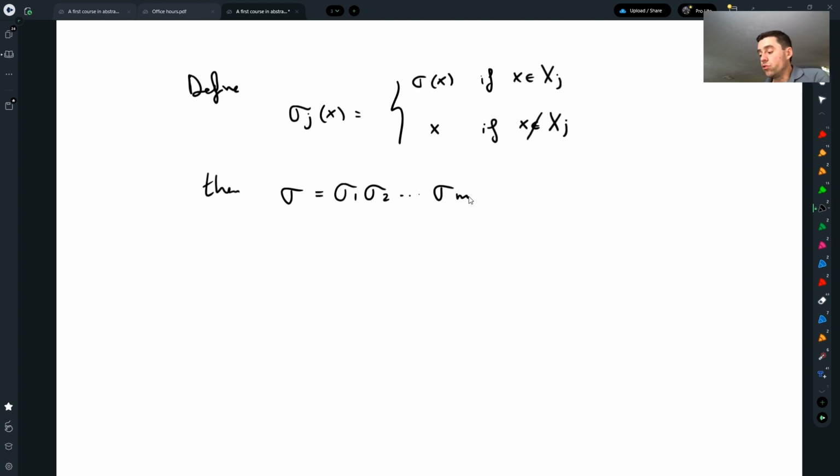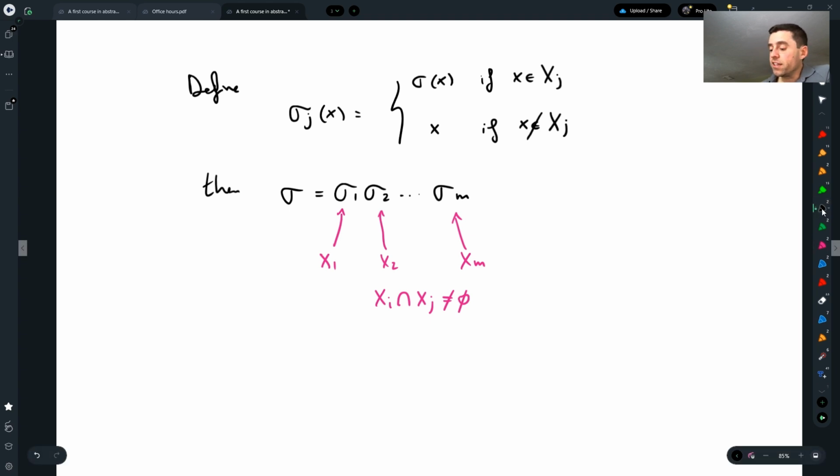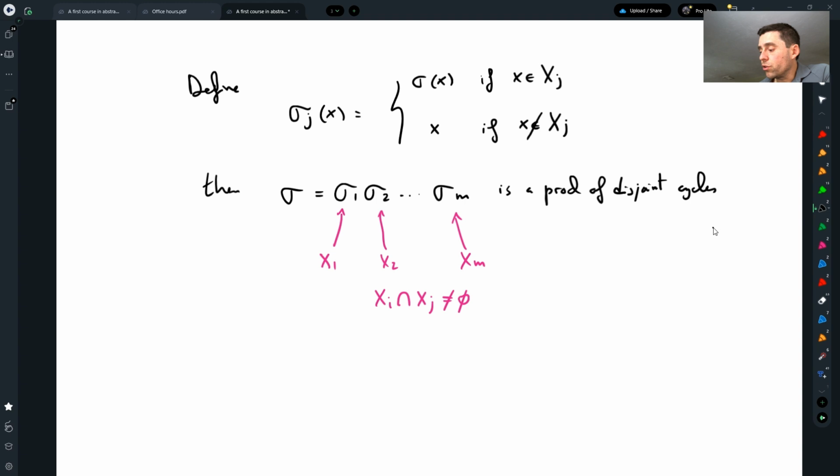And because the numbers that are involved in here are the x1s, the x2s, and the xm's, and all those sets are disjoint, then sigma is a product of disjoint cycles, which is what I wanted to prove.